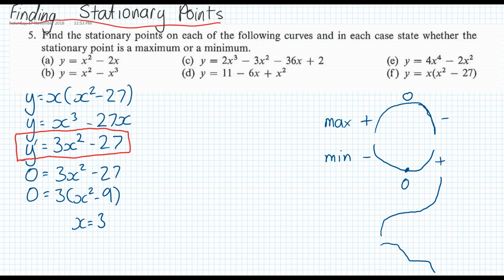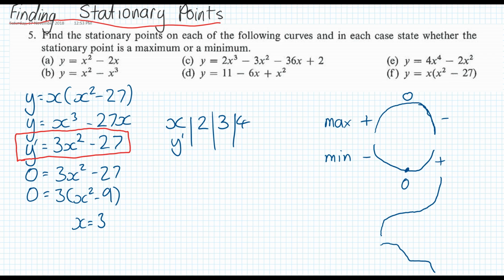Okay, so pick a row for x. Then we're going to use the numbers 2, 3, and 4 because they're close to 3 and either side of 3. Then we do our y dash for these values.